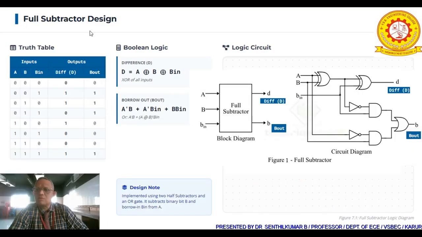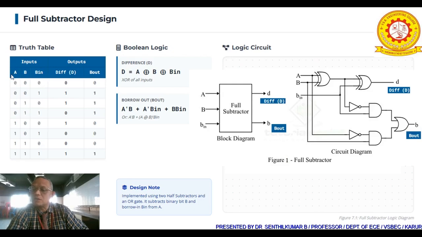So this is the full subtractor design, and this is the block diagram. You can see here there are three inputs and two outputs. This is the required truth table. Since there are three inputs, unlike in the half subtractor, one more input is added, that is borrow in.